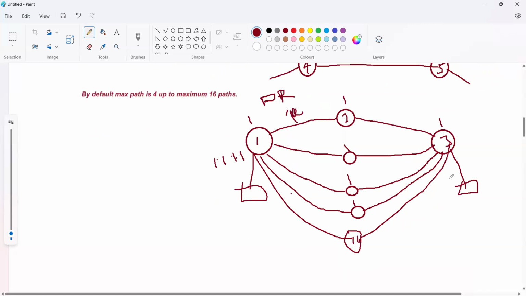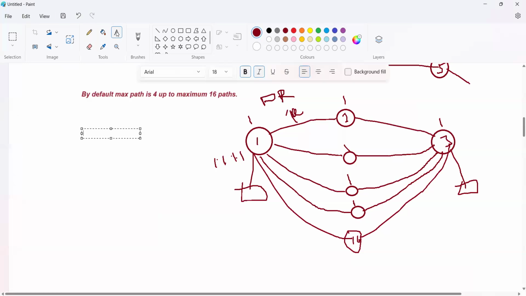It will load balance up to 4 paths. And it is a classless routing protocol. What does classless routing protocol mean?